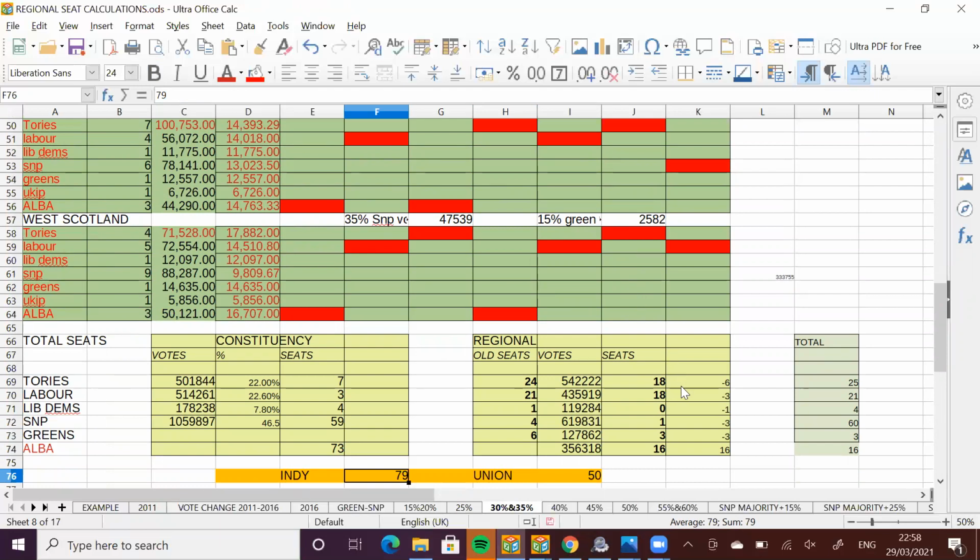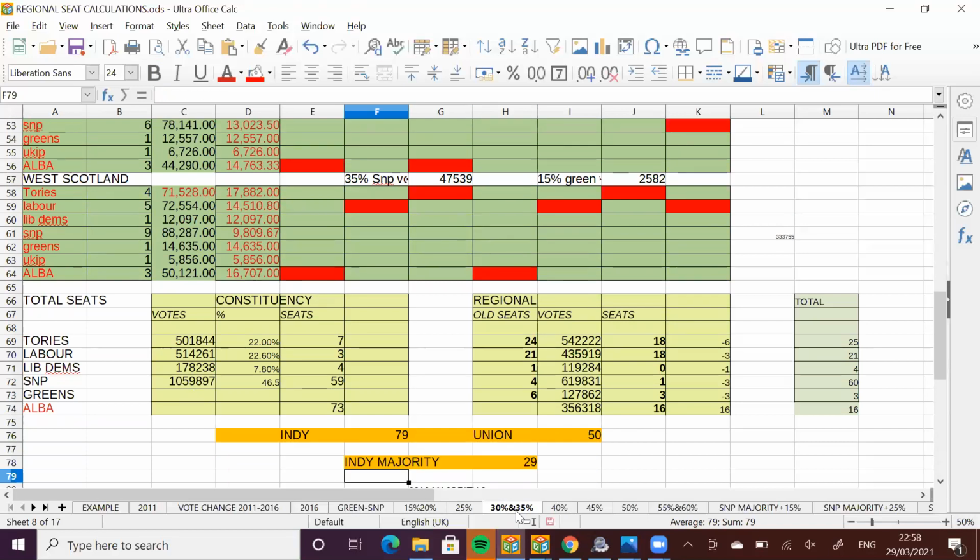So again, we can see we're losing Unionist MSPs, still losing 3 SNP and 3 Green MSPs, but 16 MSPs with 30% of the SNP vote, which would get us to an Indie majority of 29 MSPs.